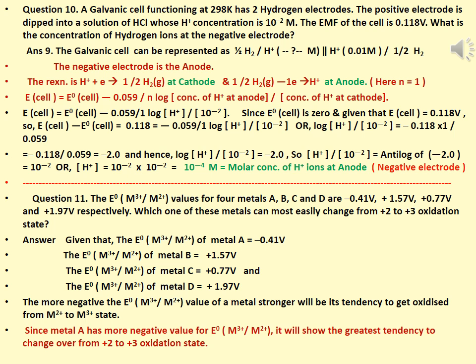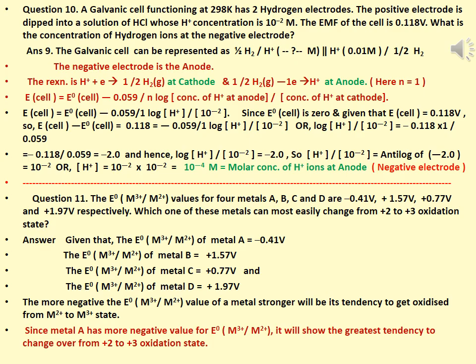But we know that the more negative the reduction potential value, the stronger the tendency of that metal to act as a reducing agent, or in other words, the stronger its tendency to get oxidized. Here, the oxidation would be from plus 2 to plus 3 state.